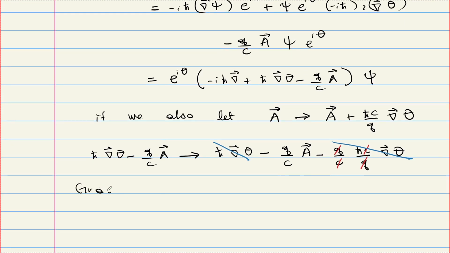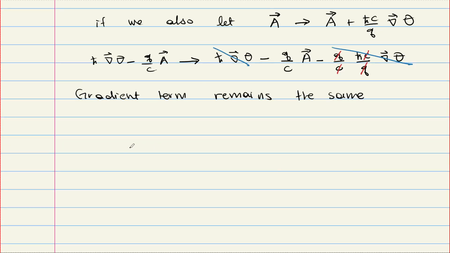The gradient term remains the same. What I mean is, in the Ginzburg-Landau term, there is this minus i h bar gradient minus q over c A acting on psi, and with this transformation it goes to itself.